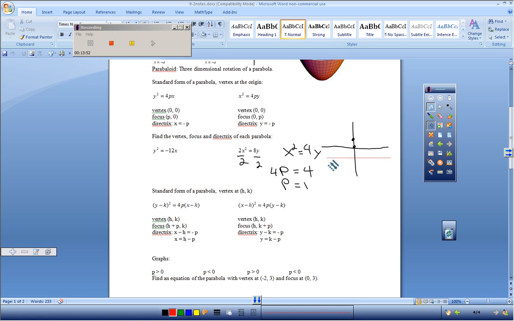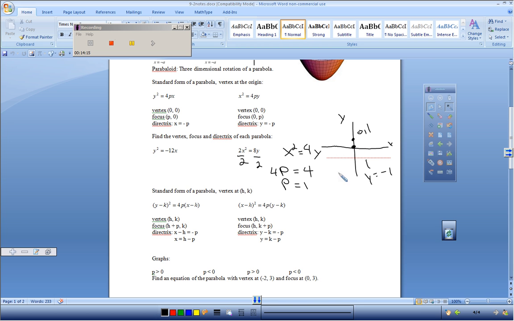So this would be the line y equals negative 1, and this is the focus, which is (0, 1), and this is the vertex, which is over here at (0, 0), with the x-axis and y-axis here.